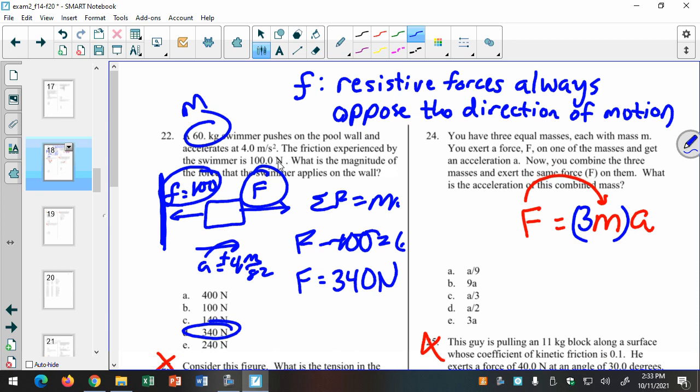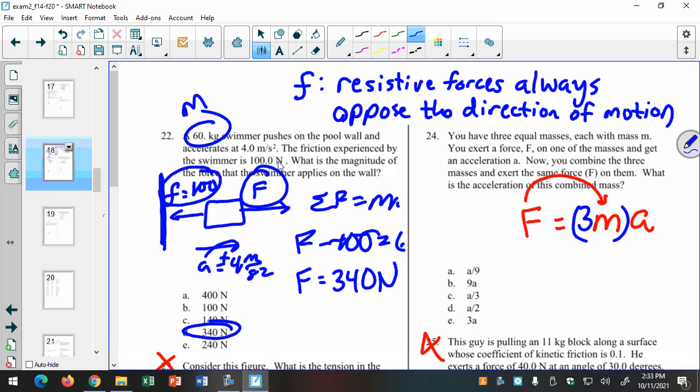Well, the mass has increased by a factor of 3. It's the same force as it was before, so is my acceleration going to be smaller, bigger, or the same? I have a bigger mass, more massive, but the same force. M has gone up, but the force has stayed the same.